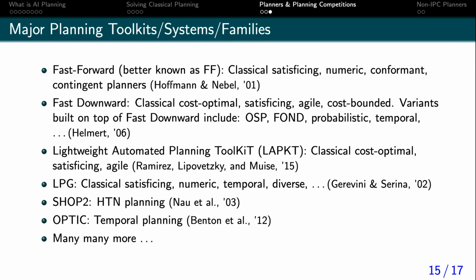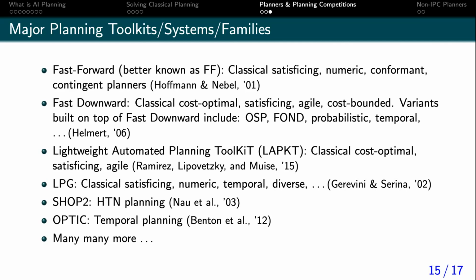The Lightweight Automated Planning Toolkit, or LAPKT, is a toolkit for classical cost-optimal, satisficing, and agile planners. LPG is a planner that implements search in the space of partial plans, and it implements classical satisficing, but also numeric, temporal, and diverse planners.